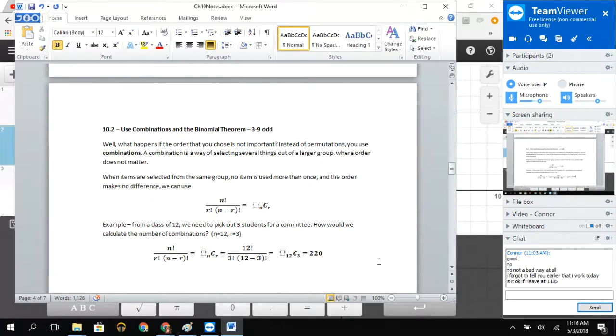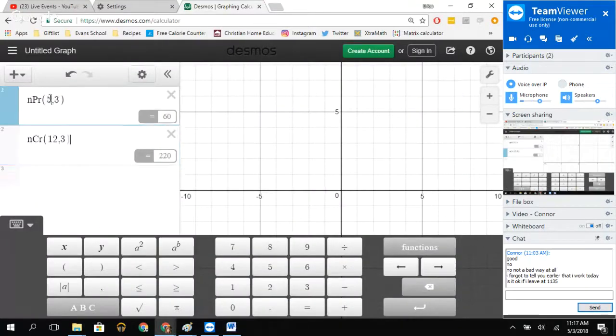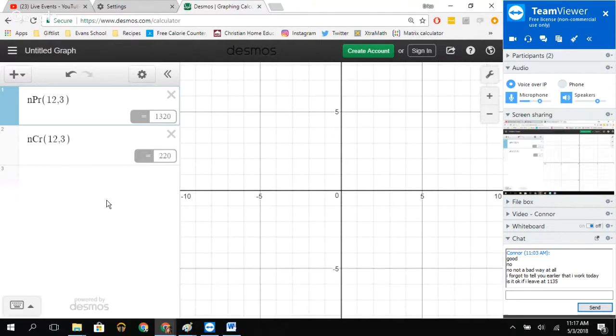If you go back and look at problem number 2 in 10.1, when we had 12 students and we needed a president, a vice president, and a secretary, there were 1,320 permutations. And I guess, again, Desmos will verify that for us. Much better than I did on my math, apparently.